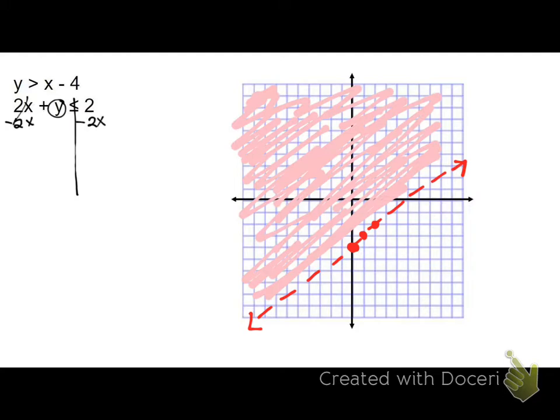So when I rewrite my inequality in slope-intercept form, it's going to be y is less than or equal to what? Perfect. Okay. Now we can graph it. My y-intercept is a positive 2. My slope, negative 2 over 1. Okay, what kind of line am I going to have?